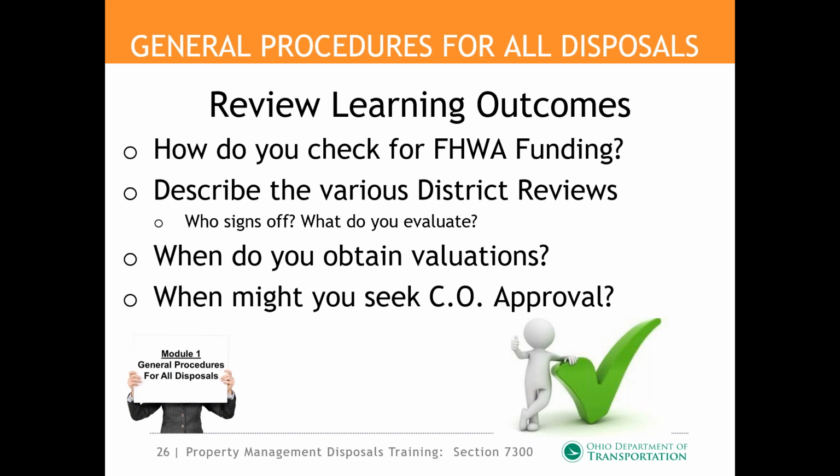Tyler will go ahead and process all the requests, and you hear back from him shortly in writing. And then the magical date when you don't have to check on FHWA participation is anything acquired prior to June 29th, 1956.